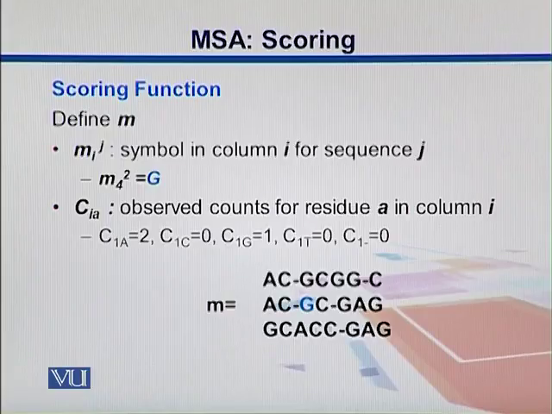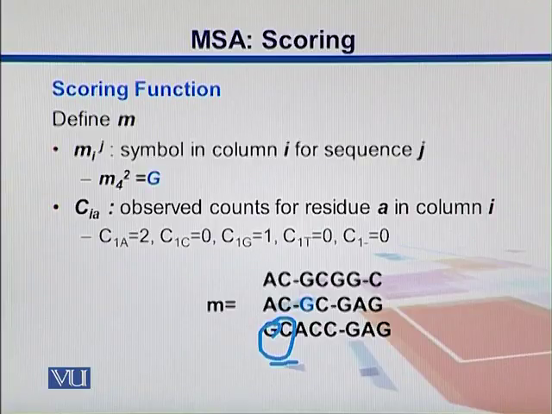We don't see any C's, so we put 0 there. How many G's do we see in column number 1? We see it's only 1 right here. How many T's do we see in column number 1? We don't see any T, so it's a 0. And how many gaps do we see? Again it's a 0.